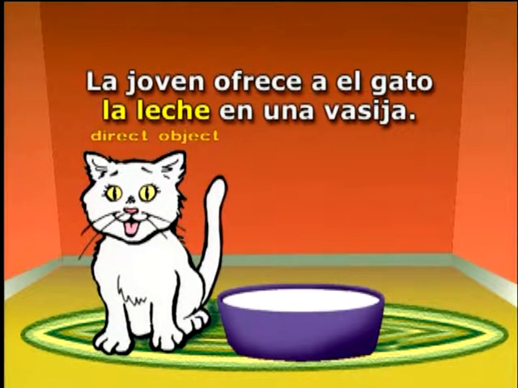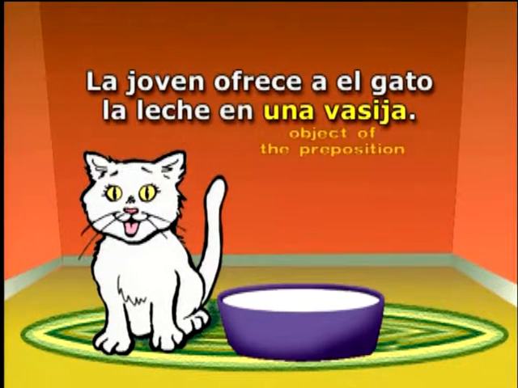La leche, so that's our direct object. And to what is the milk being offered? El gato, the cat. That makes el gato the indirect object. And hey, en is a preposition meaning in, and the milk is being offered in what? In a bowl. So una vasija is an object of the preposition.